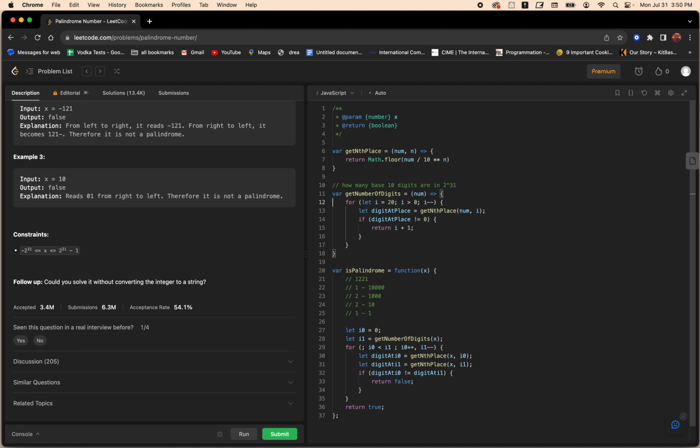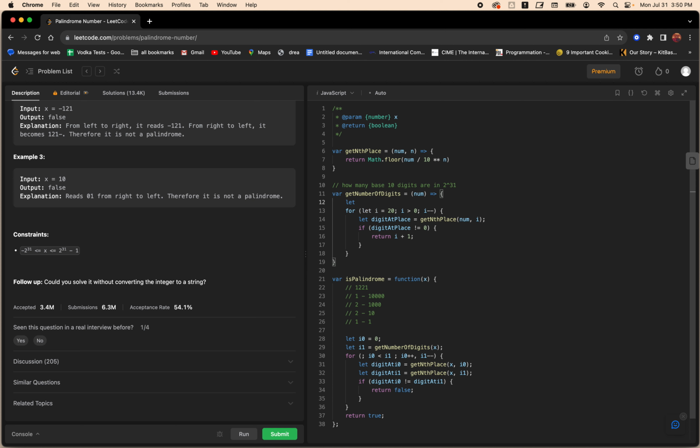I could, for now, num digits cheat equals 2 to the 30, 2 to the 32. Turn it into a string.